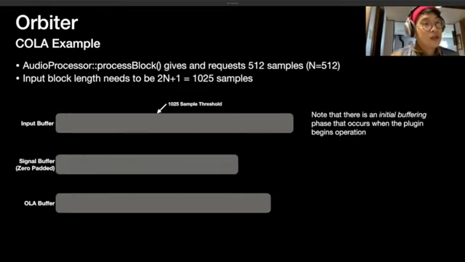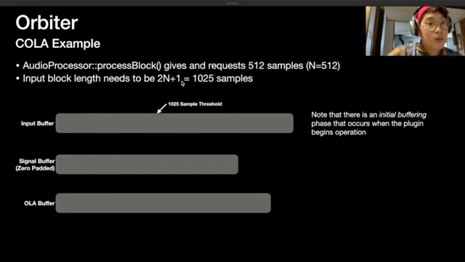The solution around that is to have an initial buffering stage. And so here we have the state of the plugin at startup. As an example, suppose process block will give us 512 samples and expect 512 output samples. And so our input block length needs to be 2n plus 1, so 1025 samples.